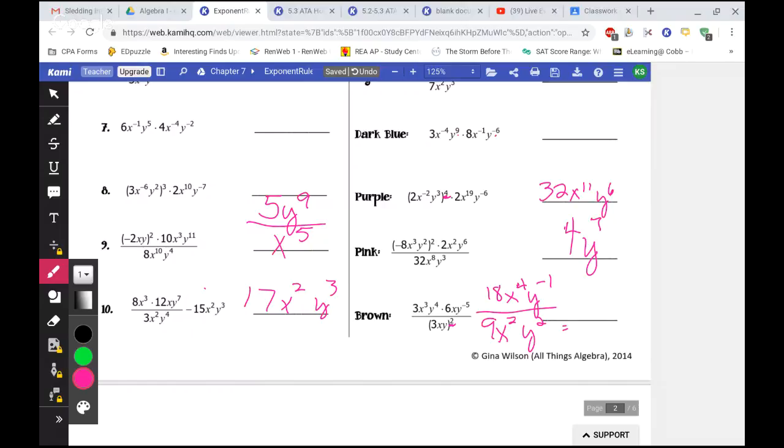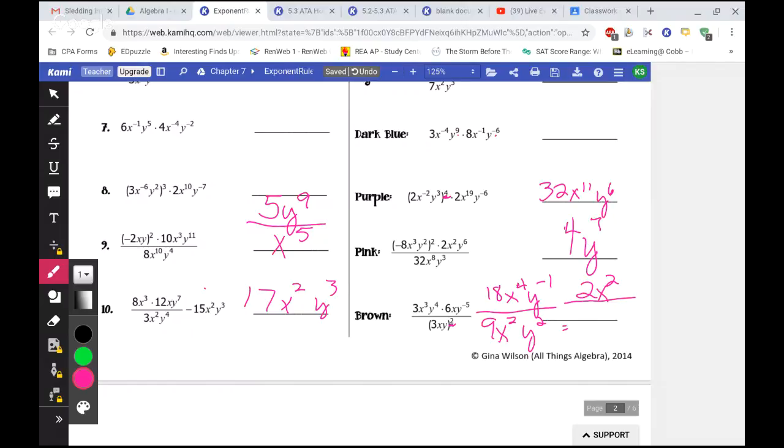So now I have 18 divided by 9. What's that? 2. Right. And then 4 minus 2 is 2, so it's positive, so it goes in the numerator, right? And then I have a y to the -1 and y squared in the bottom.